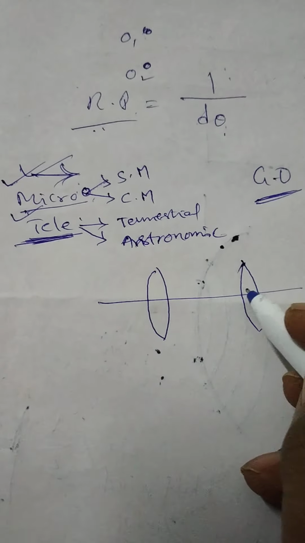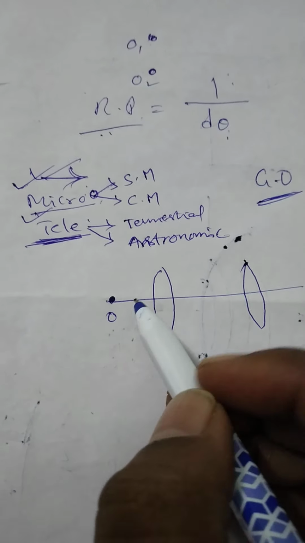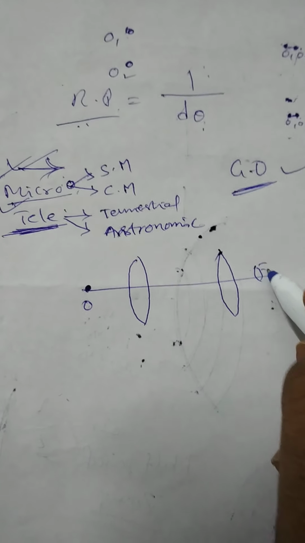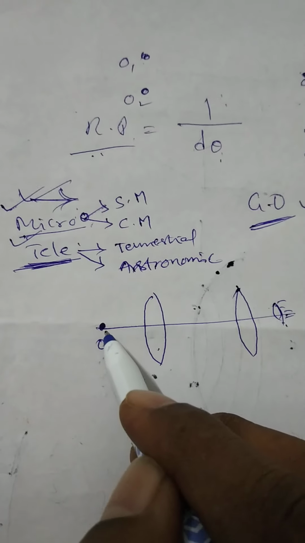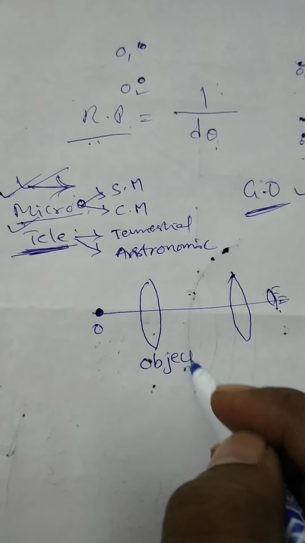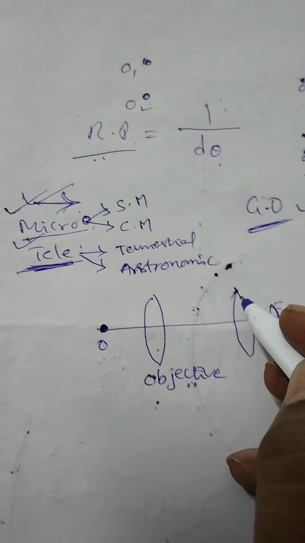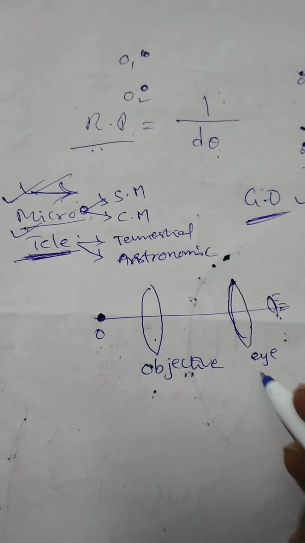Suppose here this is a point object. It is seen through this total instrument, through our eye also. While looking like this, the lens which is towards the object is known as the objective of the instrument, and the convex lens which is towards the eye is known as the eye lens.